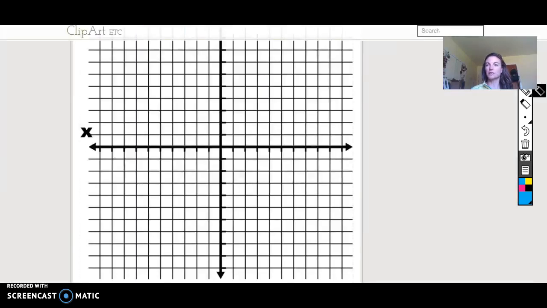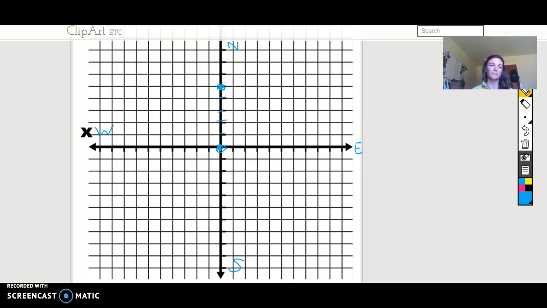So I brought up a little grid, and remember she's starting here, and then she's going to go 5 units north. 1, 2, 3, 4, 5. So she's going to be here, and this is our point.